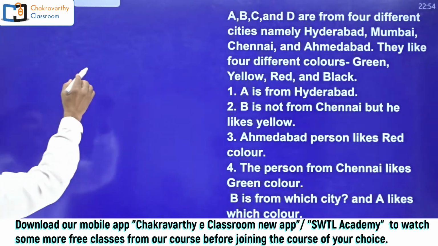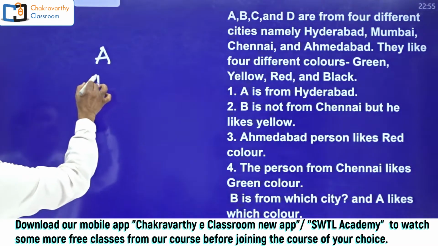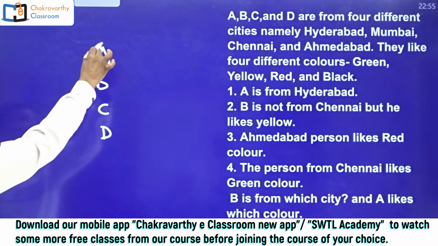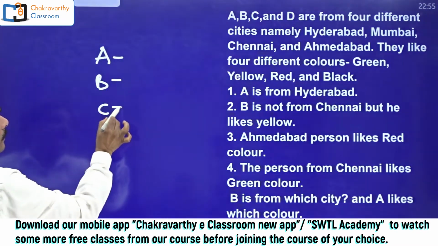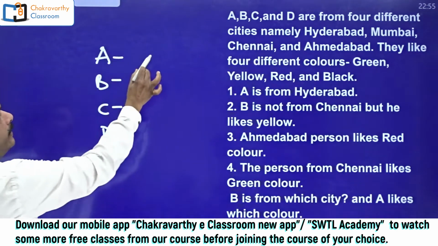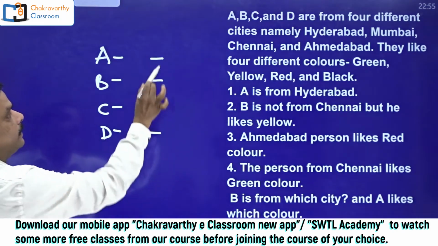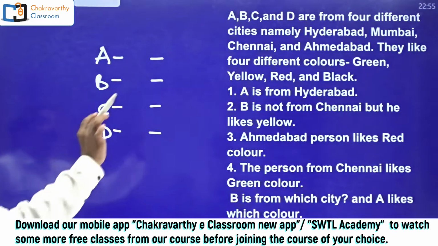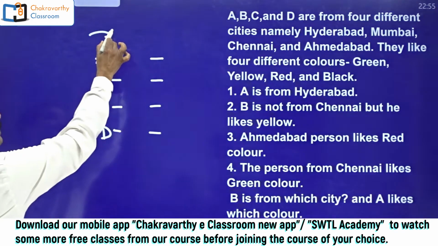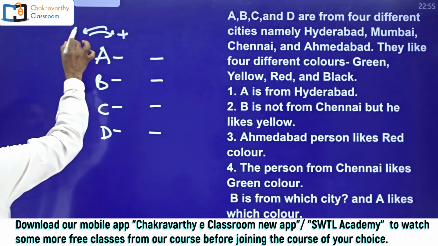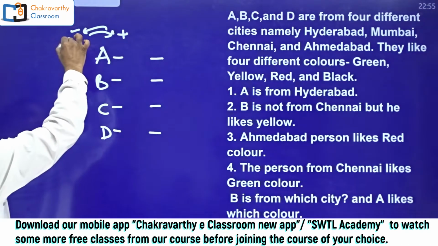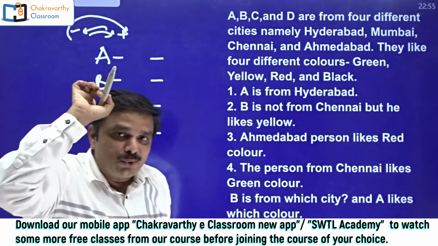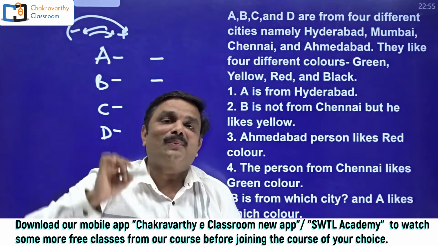A, B, C, D are persons in one column, the respective city in the next column, and the respective color in the next. But this is the elimination process: always keep positive information on the right side and negative on the left side, and from the negative, by eliminating, you come to the positive side to get what is required.